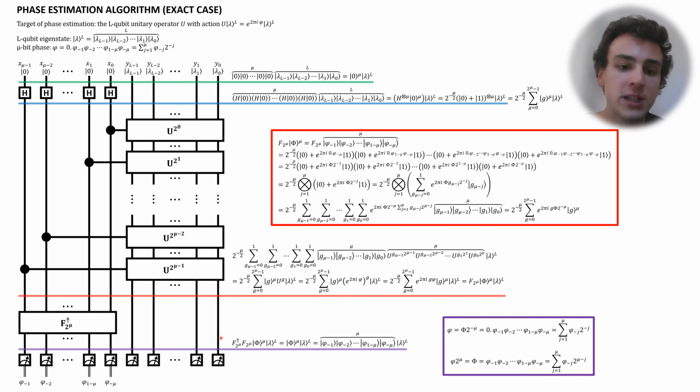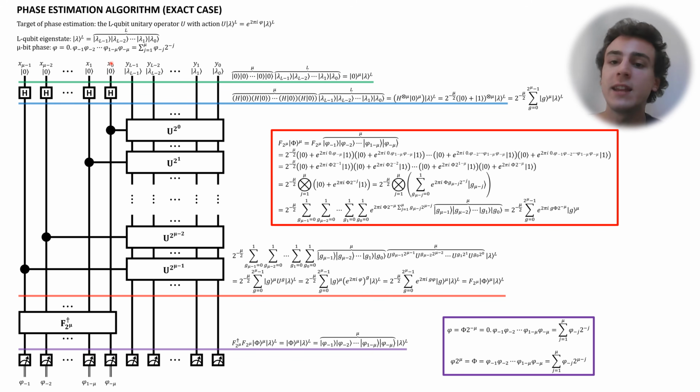And we're not really interested in the results of the measurements of register Y. We're only interested in the results of the measurements of register X, because it is the measurement of these qubits that's going to give us this sequence of bits over here at the very bottom left of the diagram. And this sequence of bits is actually used to define phi.